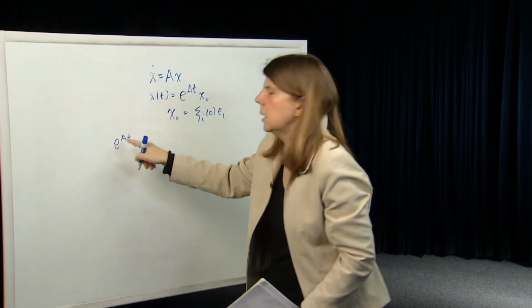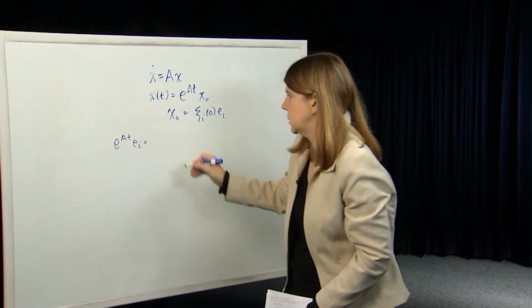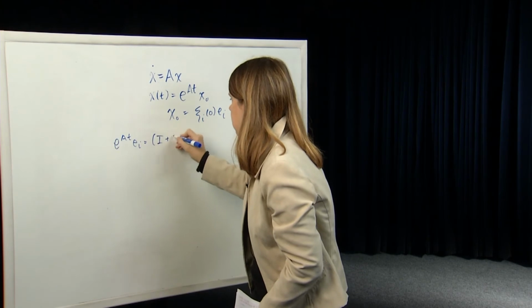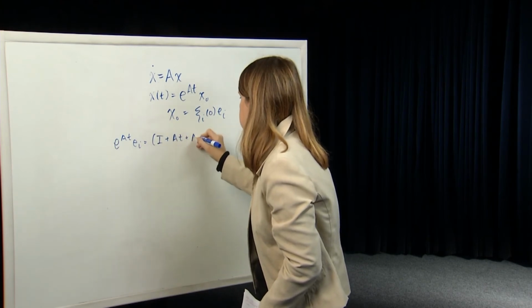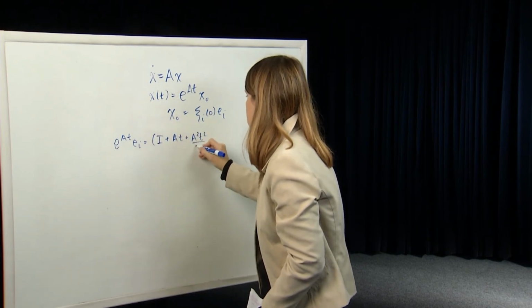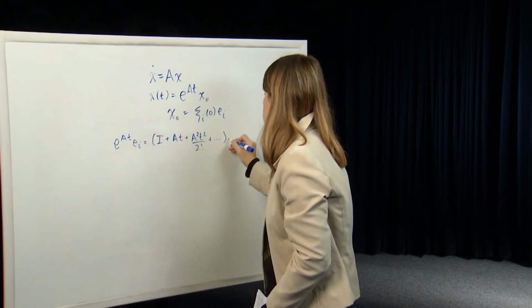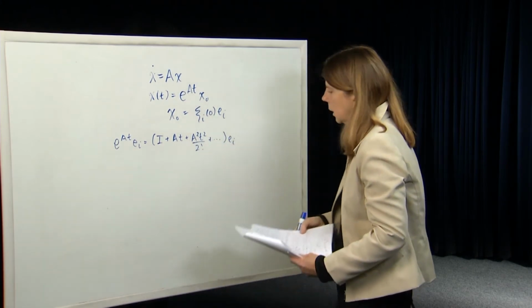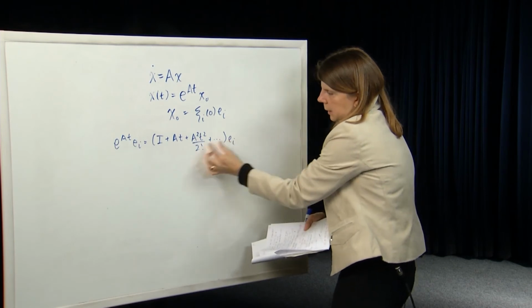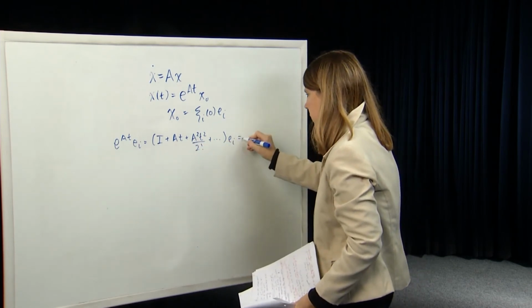Let's just think about the expansion of e to the At. So that's I plus At plus A squared t squared over 2 factorial, times ei. Now let's bring ei in and multiply everything here.